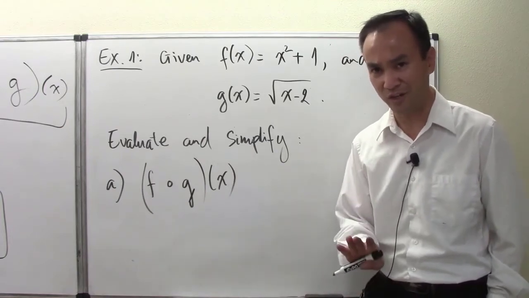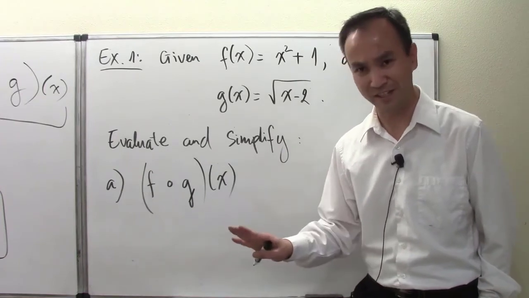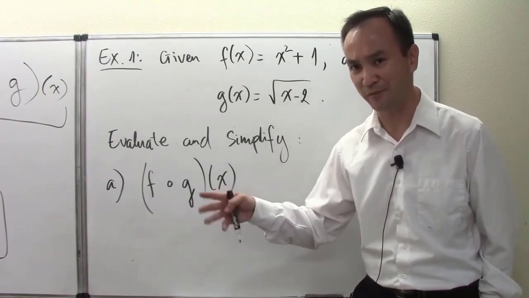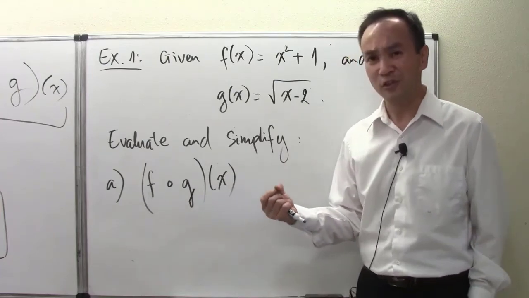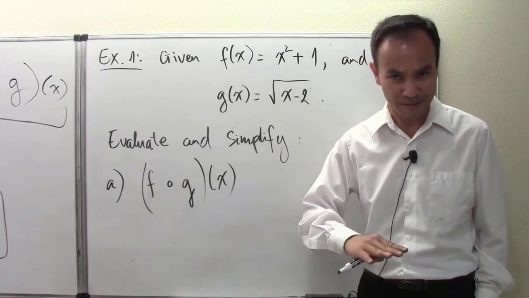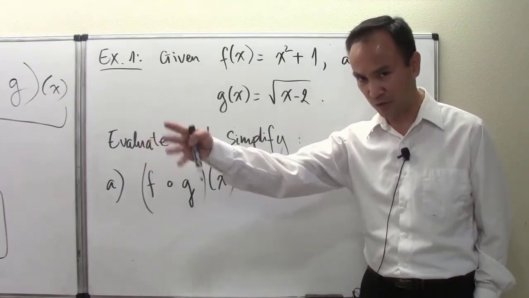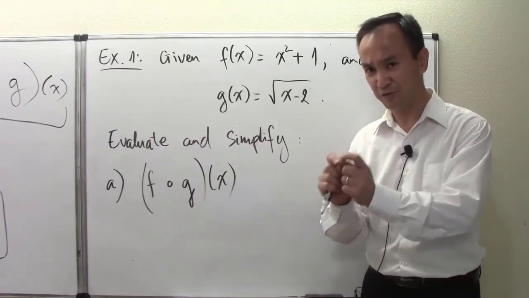But now when you call that f circle g for too long, then you're gonna start forgetting where it came from and what it means. So it's gonna become a deadly nightmare for students. I have seen it become such a deadly nightmare for some students who came to my class from a previous course with some other professor that keeps saying it's f circle g.